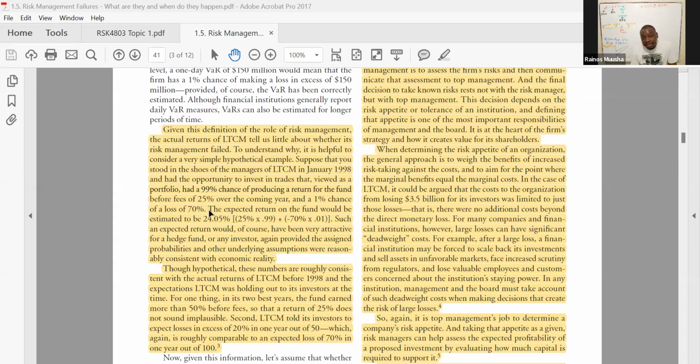So which means, as a risk manager, when you calculate the expected return, your expected return is going to be 24.05%. So what does that mean?